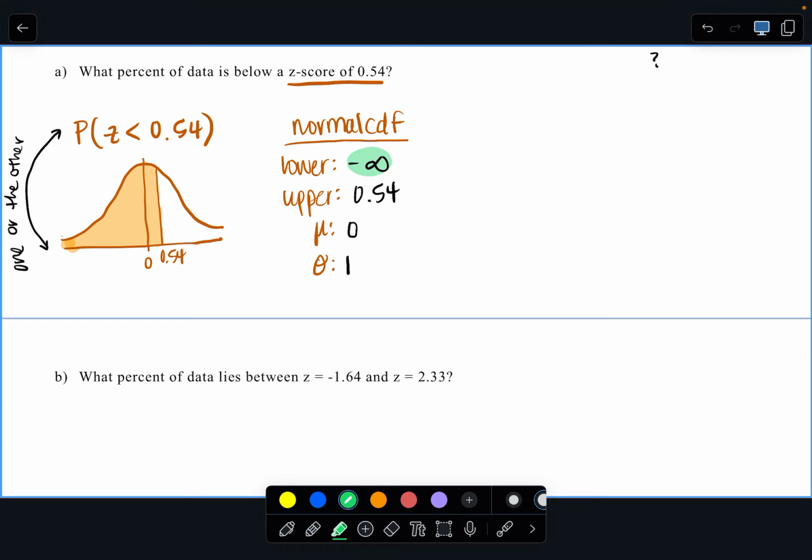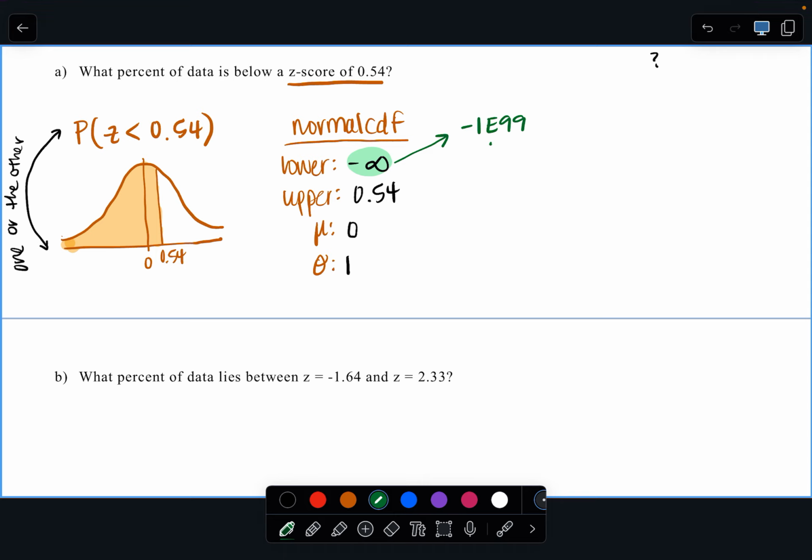This infinity symbol, there is no infinity key in your calculator, so we kind of simulate it using a really, really big number. So what your calculator does is it uses -1e99.